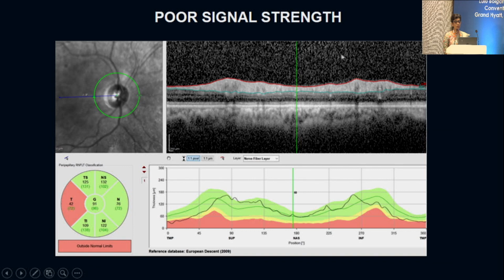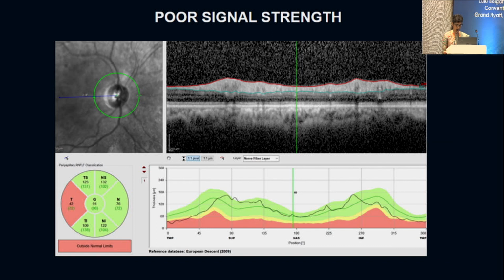The B scan also shows a grainy appearance. Poor signal strength is usually associated with dirty lens of the OCT, or it can be associated with the PCO or cataract, or even with dry eye. And paradoxically, it is also associated with PCIOL.